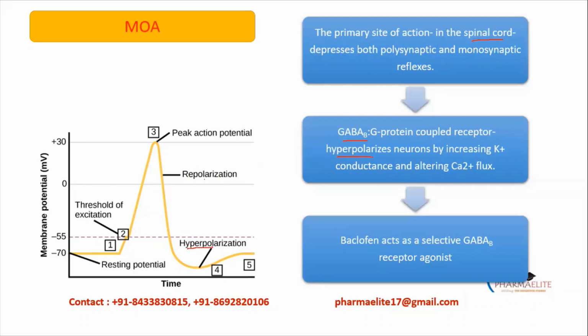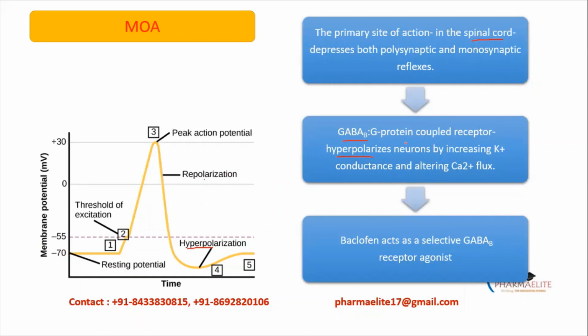Here, more potassium ions are going outside the neuron cells, so it will cause a negative effect on neurotransmission. That is, the potential of the neuron will go more negative than the resting potential, and then finally there is inactivation of the potassium channel, and then the neuron again enters the resting potential. So this is the action potential of a neuron.